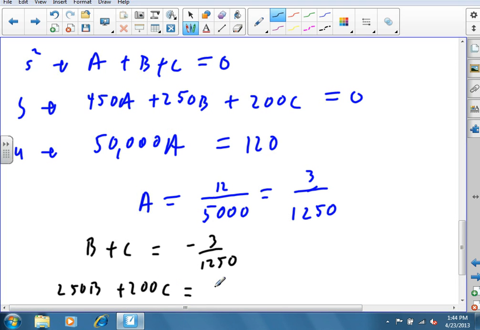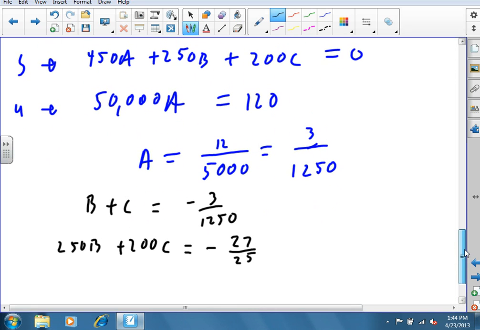Minus 450 times 3 divided by 1250, boom, and I want that as a fraction, minus 27 over 25. Really? Yeah, I guess so. 27 over 25.